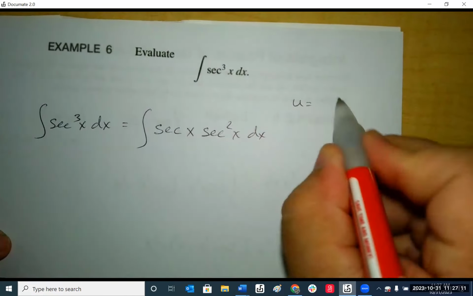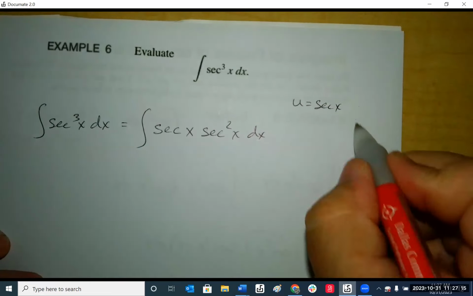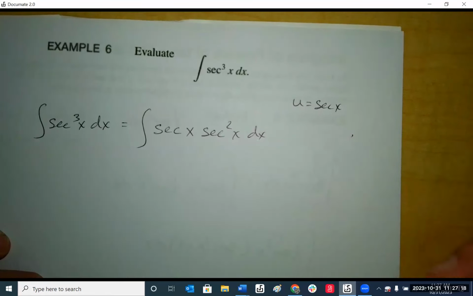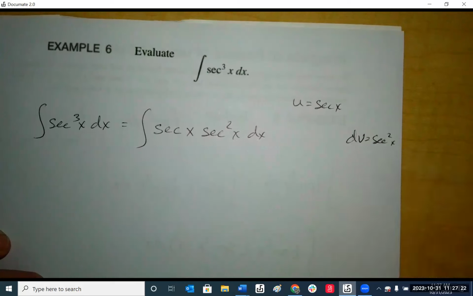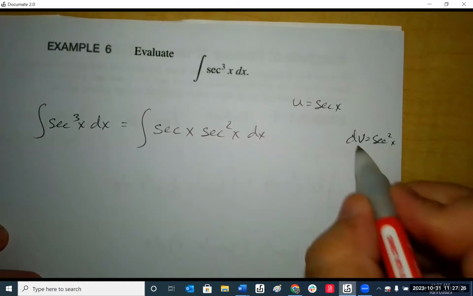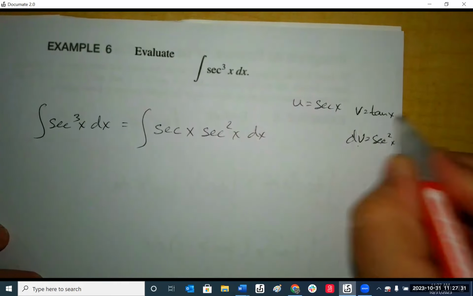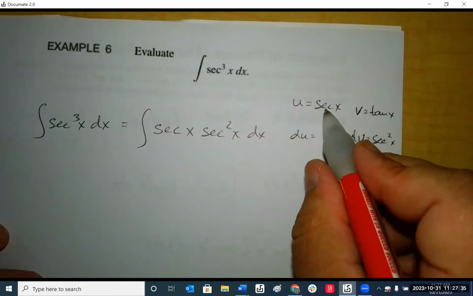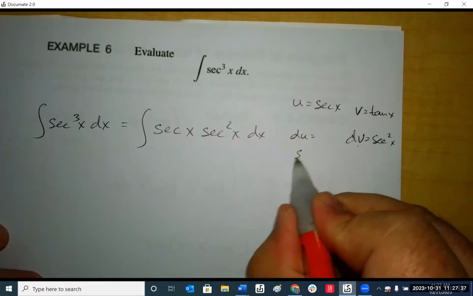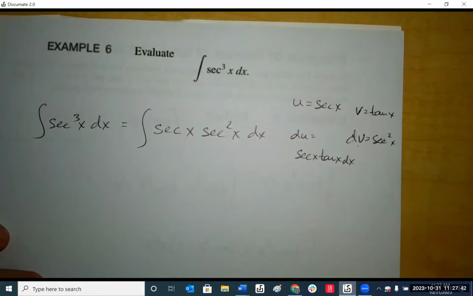If we let u be secant, that's easy to take the derivative of, and dv be secant squared, because the integral of secant squared is tangent, and the derivative of secant is secant tangent dx.